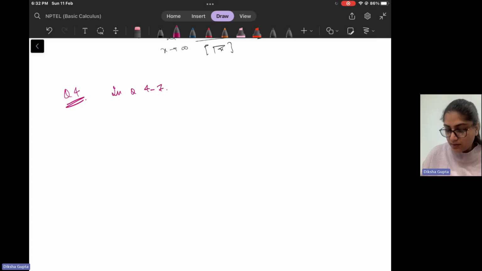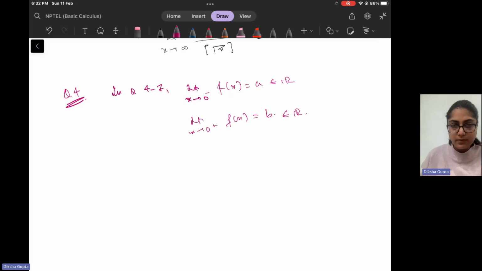So in question number 4 to 7, you have to adopt a notation that limit x tending to 0 minus f(x), that is the left hand limit of f(x) at 0, is a, and limit x tending to 0 plus f(x) is b, which belongs to real numbers.